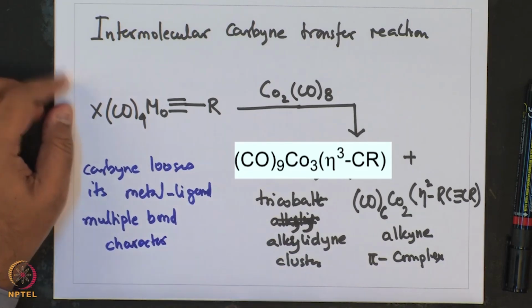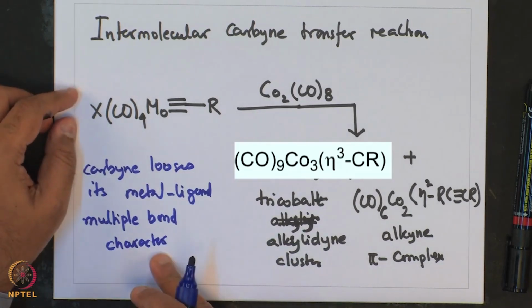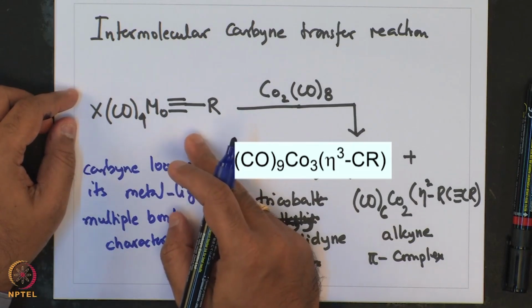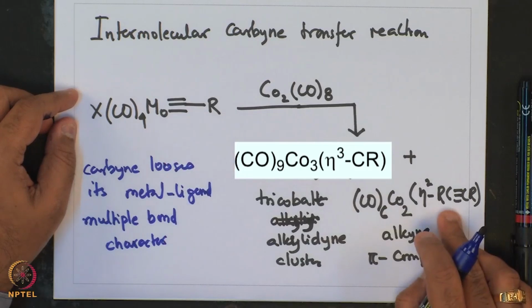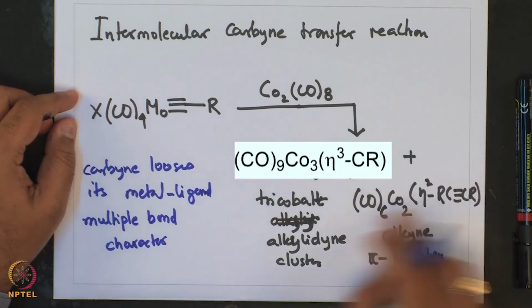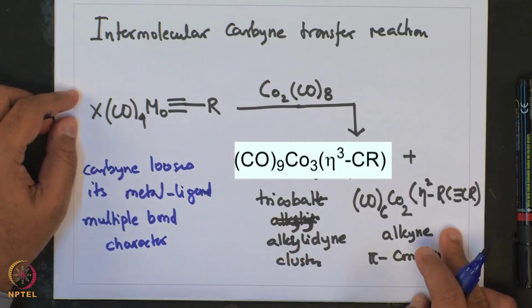Where the carbyne loses its metal ligand multiple bond character, and similar to what we had seen in metathesis reactions, the formation of a pi complex with the metal is also observed.